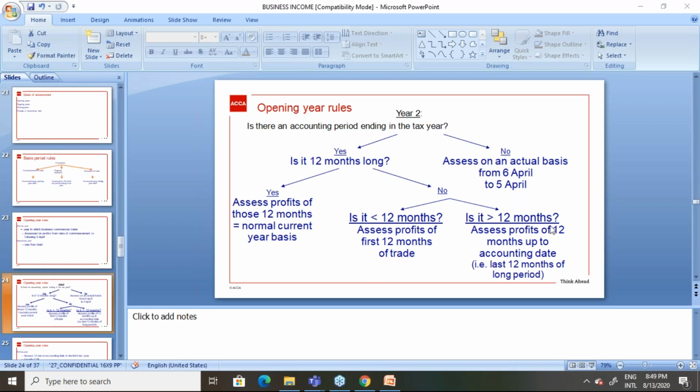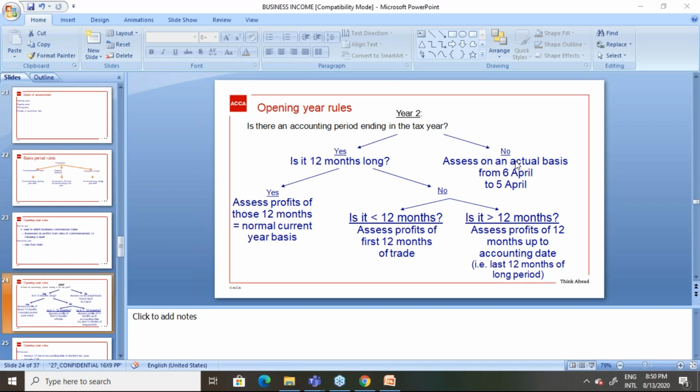If the accounting period is more than 12 months, say you have prepared accounts for 15 months, in that case, out of 15 months, take last 12 months profit, exclude the first 3 months profit, just take last 12 months profit of the 15-month period and pay taxes on that in the second tax year.